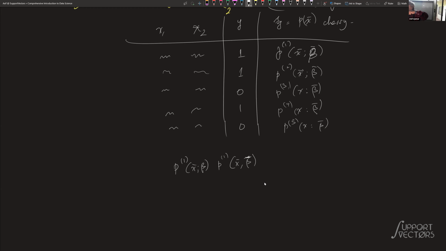You have to look at the probability of it not happening. The model is telling you the probability of it happening. But when it doesn't rain or when it is not a cherry, what do you need to look at? The probability of it not being a cherry, which would be 1 minus the probability of x3 beta, because it didn't happen. It wasn't a cherry, isn't it? Just as we said, the probability of not raining is 1 minus that.